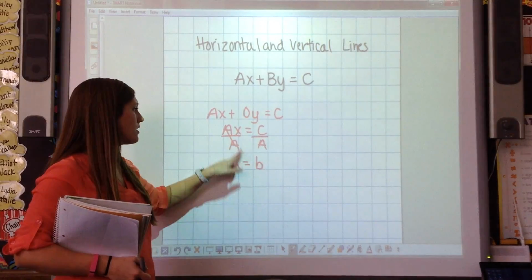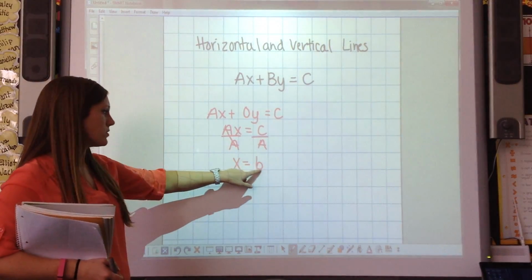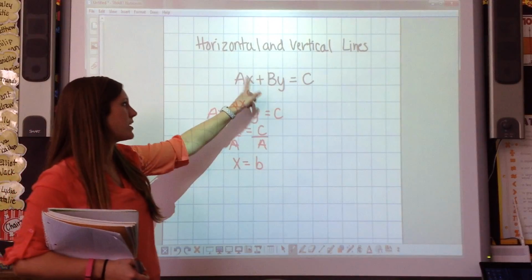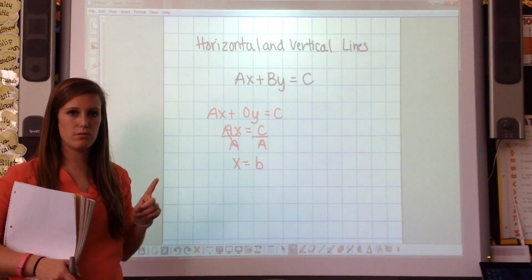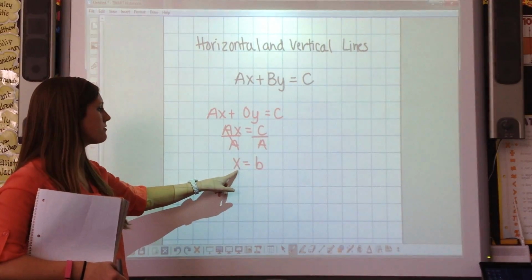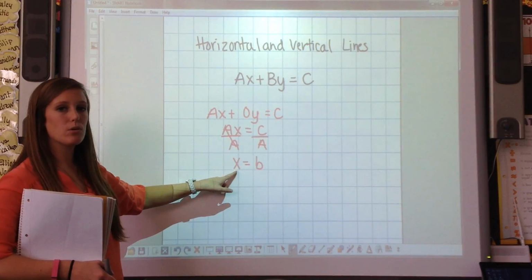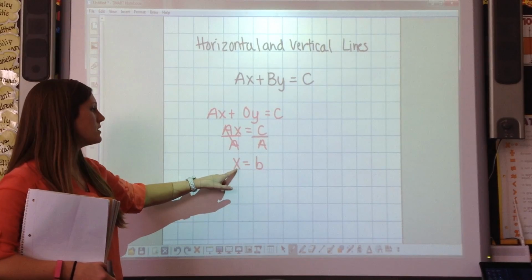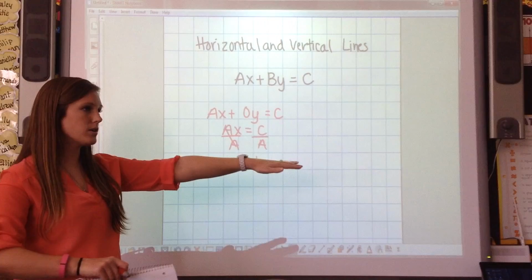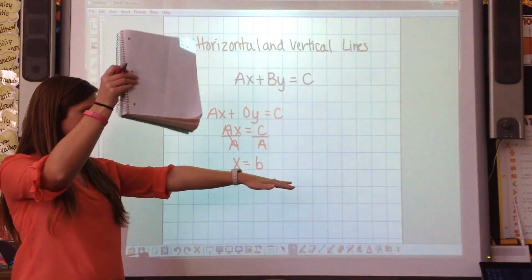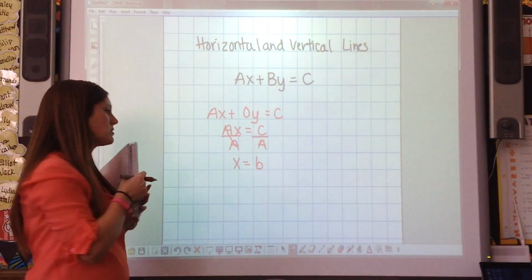To get x by itself, you divide, and you get x equals a number. When A or B, one of them, is 0, you're left with one variable. Remember, when you graph one variable, it's going to be a horizontal or vertical line. This line is going through the x-axis, so if the x-axis is horizontal and the line goes through it, this line is going to be vertical.